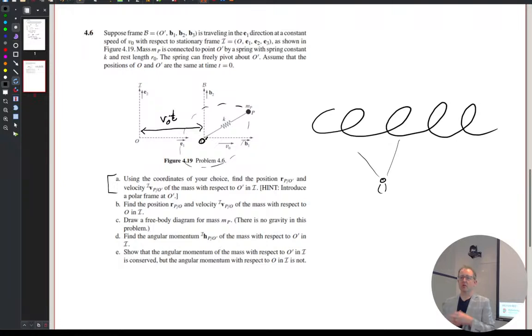The goal is that we should be able to cancel that stuff out and say angular momentum is a constant value in our O prime frame. But in our O frame, we should find that angular momentum is not constant. So we're comparing a moving frame to a fixed frame, and where can we say angular momentum is conserved?